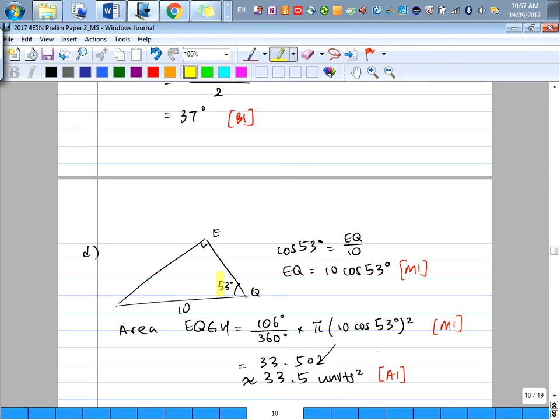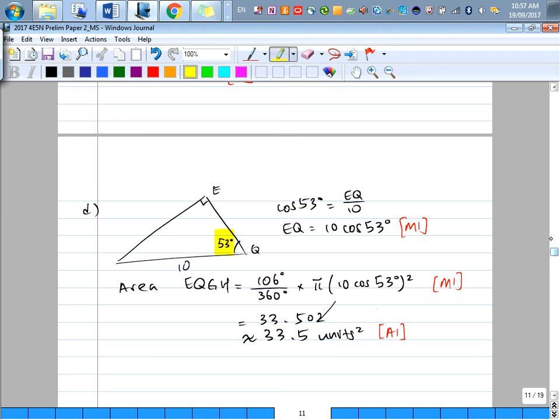We know the angle over here is 33 degrees from the previous part. Based on this, I'm trying to find the radius using cosine.